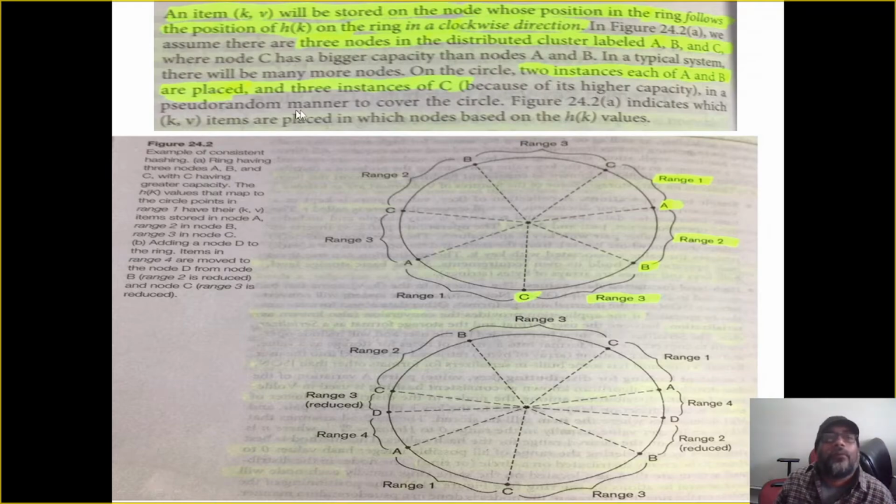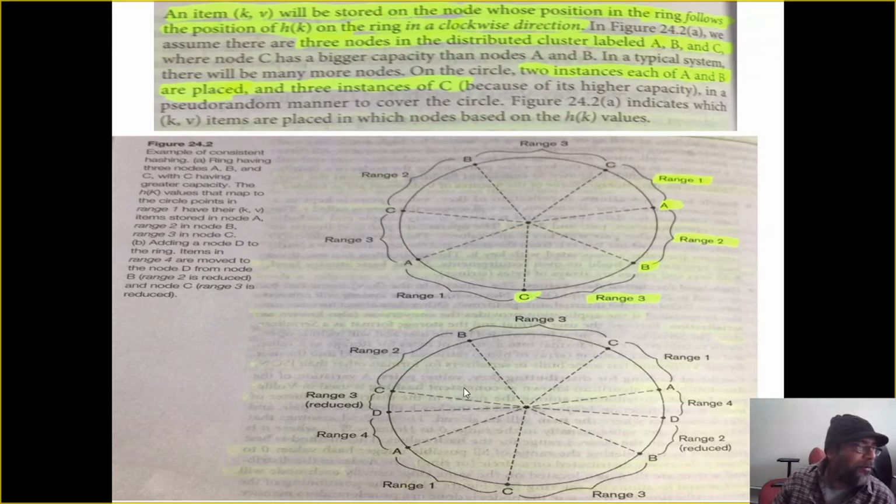So in a pseudo-random manner, to cover the circle, figure A indicates which KV items are placed in which node based on the H key value. You see here this is A, B, C, and here this is C, this is B, this is another C. So three copies of C are here and two copies of B are present here.